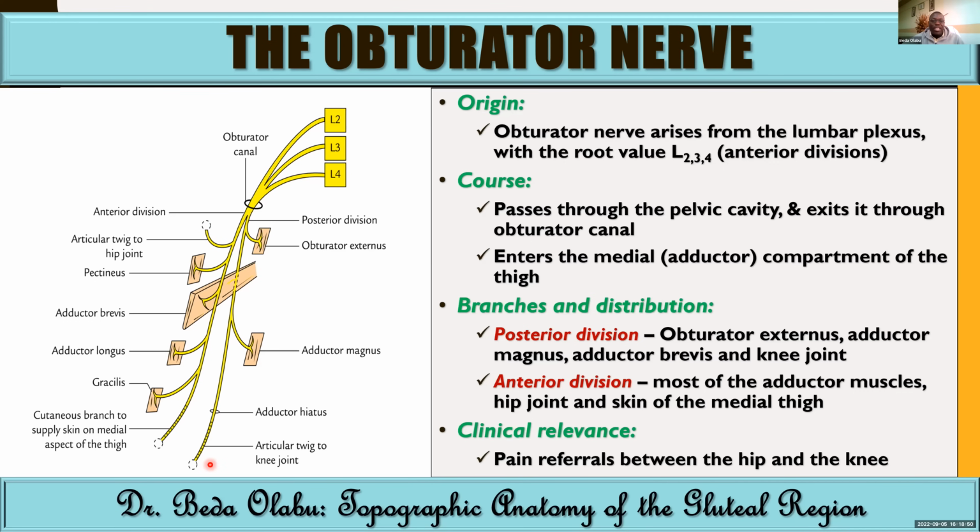Is it coming from the knee or is it coming from the hip? Sometimes there could be a pathology in the knee, but a patient complains of pain in the hip, or vice versa. That's what we call pain referral. So pain from the knee can be referred to the hip, or pain from the hip can be referred to the knee because of the obturator nerve. Both joints are supplied by the same nerve.